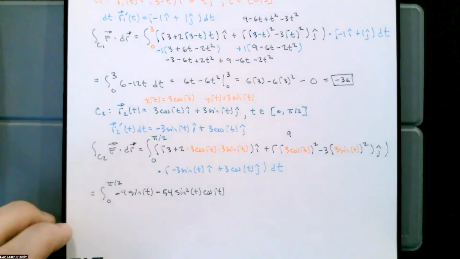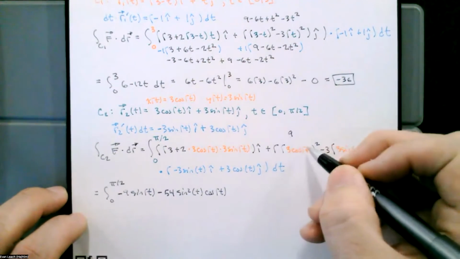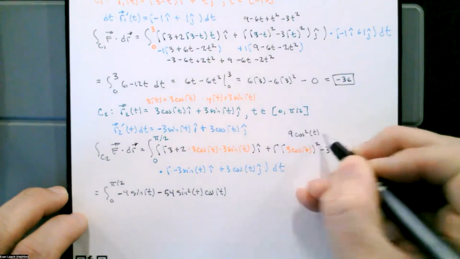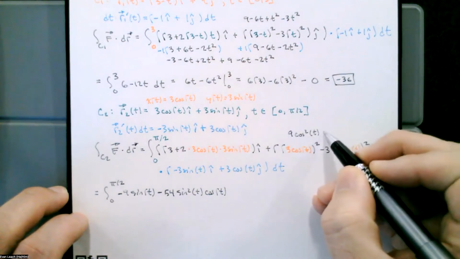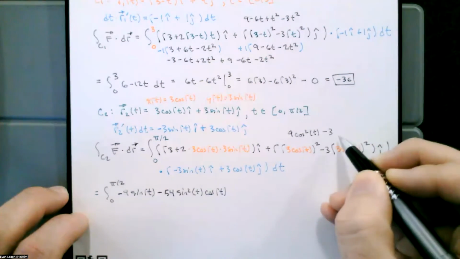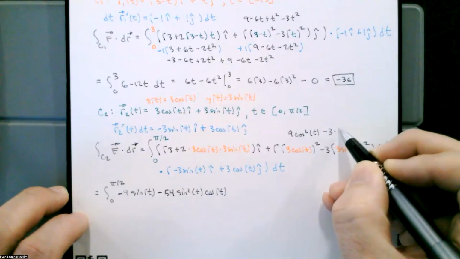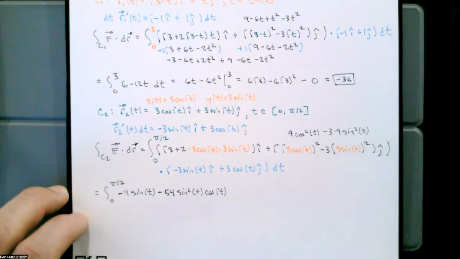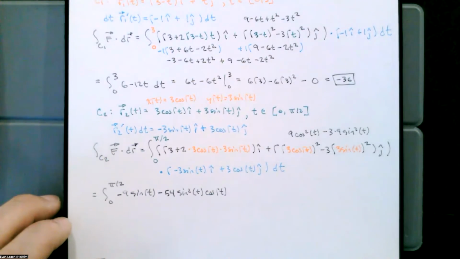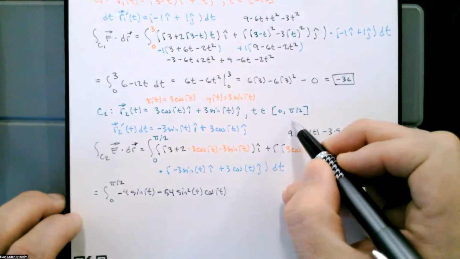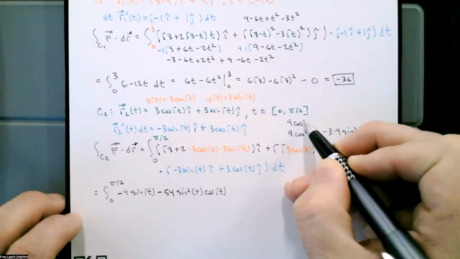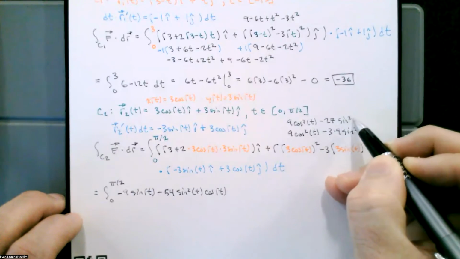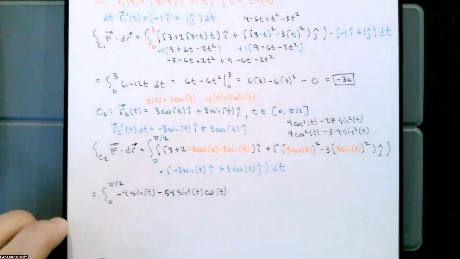Most important thing to know in math is yourself. So 9 cosine squared, and then minus 3, that one's outside, but times 3 squared, that's another 9. So it's going to be a 27 sine squared t. So there's my j component.